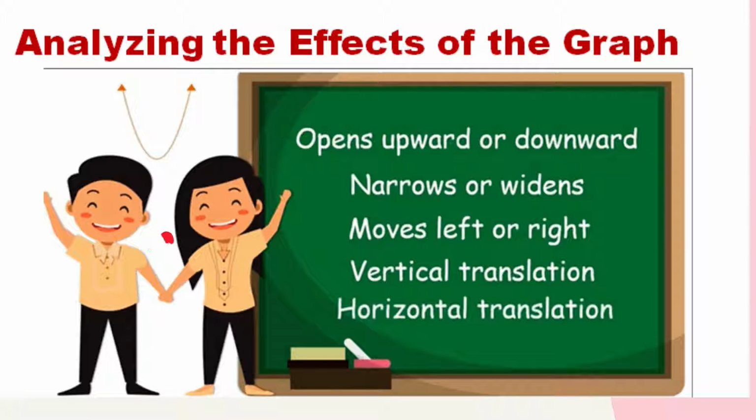We discussed already in Quarter 1, Week 7 that if a is greater than 0 or a is positive, the quadratic function is a parabola that opens upward. And if a is less than 0 or a is negative, the graph of the quadratic function is a parabola that opens downward.